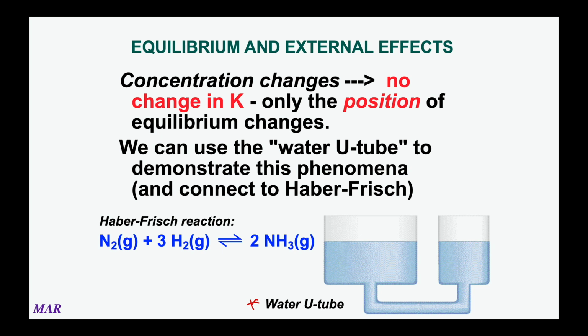If you change concentrations, moles per liter, by say adding N2 or subtracting NH3, you're not changing the value of K, but you are changing the position of the equilibrium. And this U-tube thing actually works pretty well to describe it. Now, the U-tube is basically a factor of the volume and gravity and stuff like that. And we can talk about taking away or adding reactants or products as we go through it.